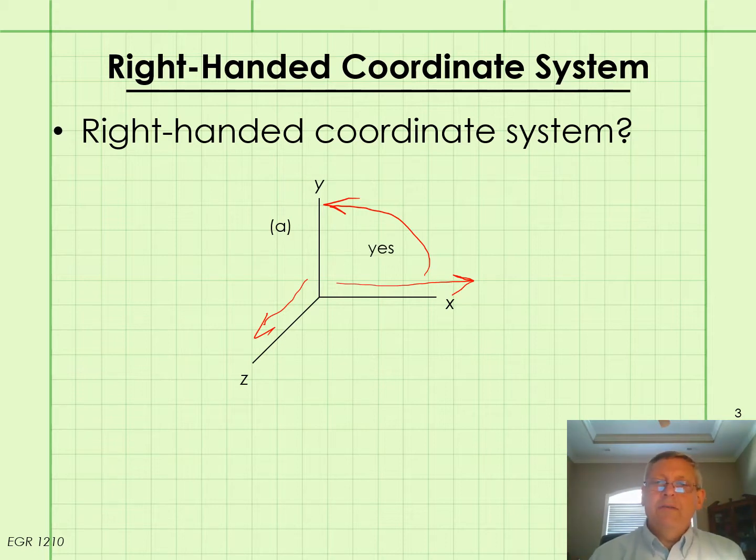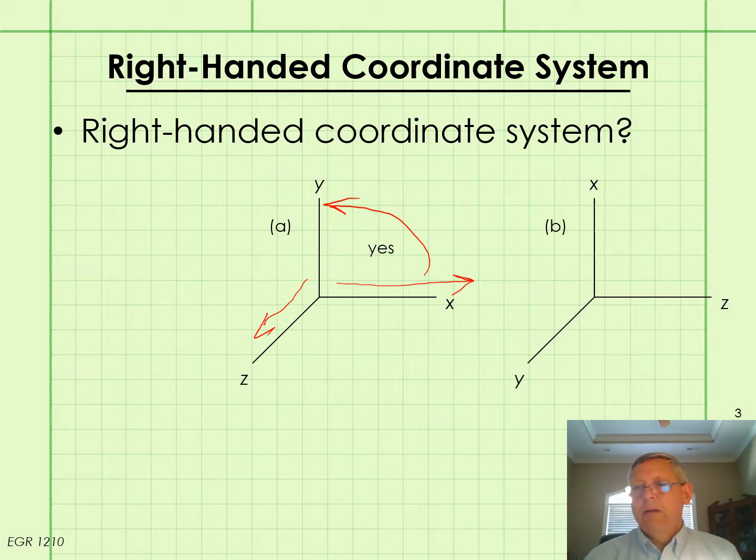So that is a right-handed coordinate system. The second example here, I'm going to position my right hand so that my fingers point along the positive x-axis such that I can curl them into the y-axis, and again my thumb is going to point in the direction of the positive z-axis when I curl my fingers.